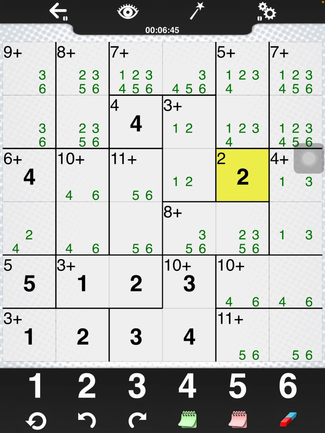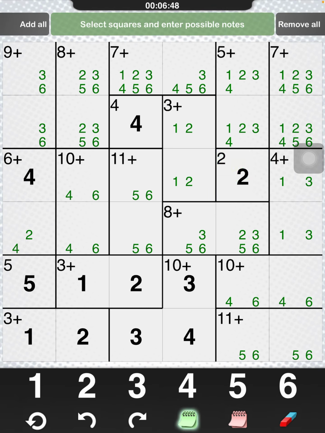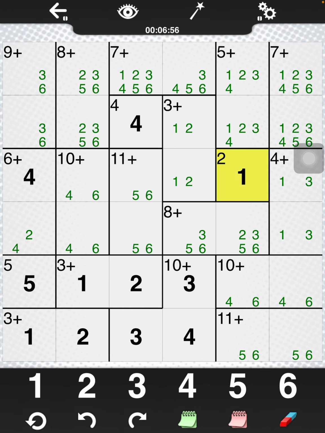I have a 2 here, and I have a 1 and 2 here. My only choice left must be 1 here. I have a 1 here and a 1 and 2 here. 1 is already here. Only choice left for this to be is 2.